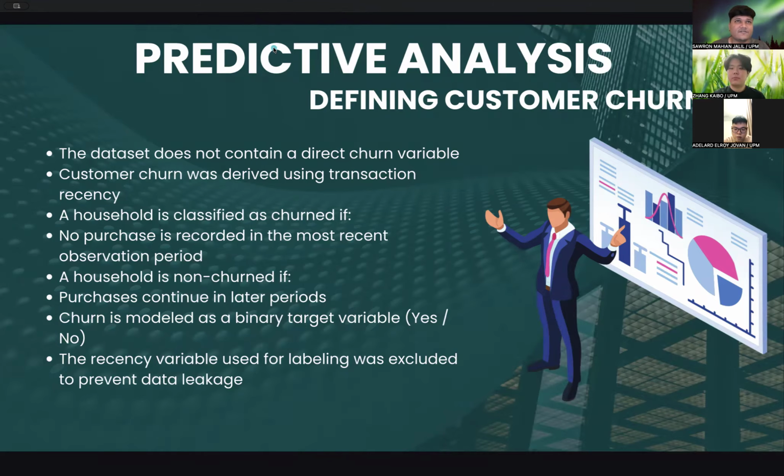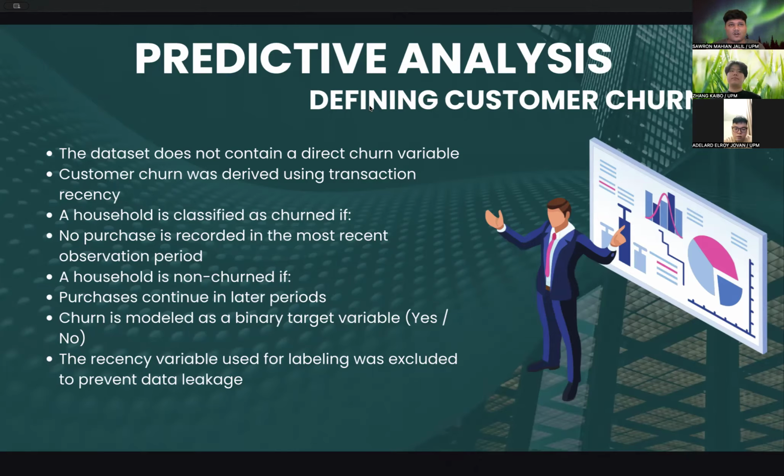Okay, so defining customer churn for this predictive analysis, the dataset did not include a direct churn variable. Therefore, customer churn was defined using transaction recency. A household was classified as churn if no purchase was recorded during the most recent observation period, while households that continued purchasing were considered non-churn.